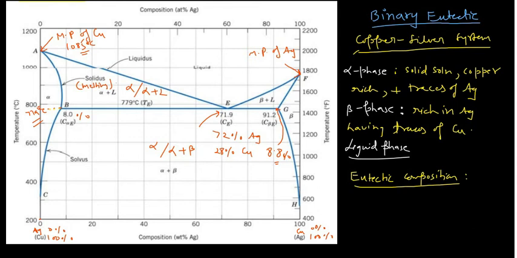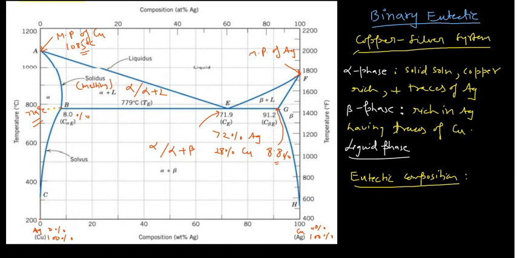And then now we can see what the different lines are indicating. First of all, I am taking this line AE. See here, this is the melting point of the copper. What is the meaning of that? Here copper is 100%.